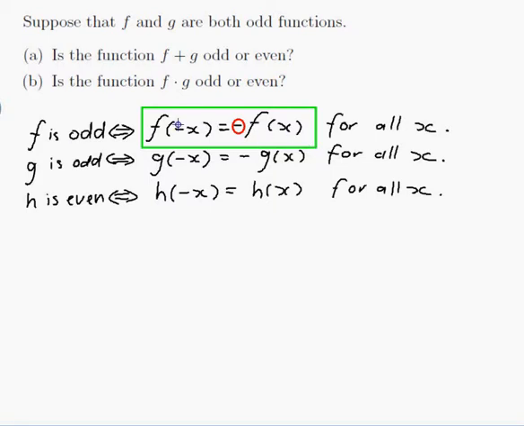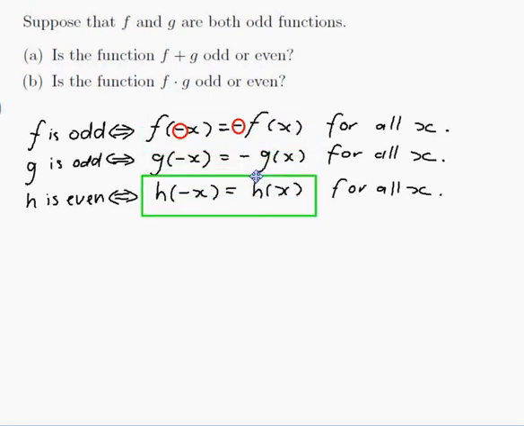And for the definition of even, we had a minus sign as well. And, oh, it disappeared. My minus sign disappears. So with an odd function, I can take the minus sign out the front. And with an even function, it disappears. I can just remove it.